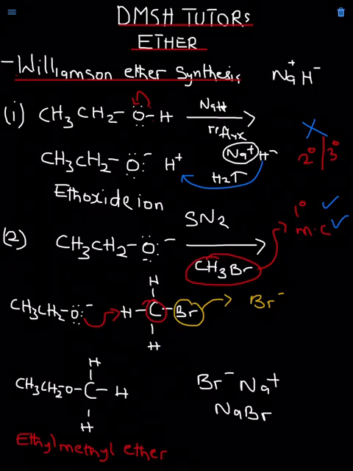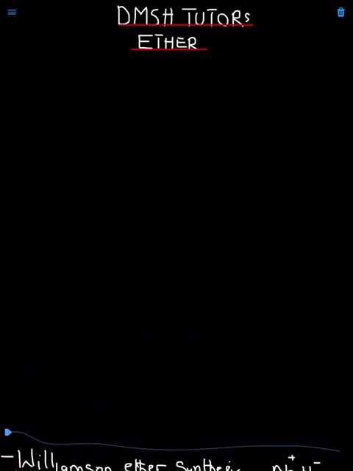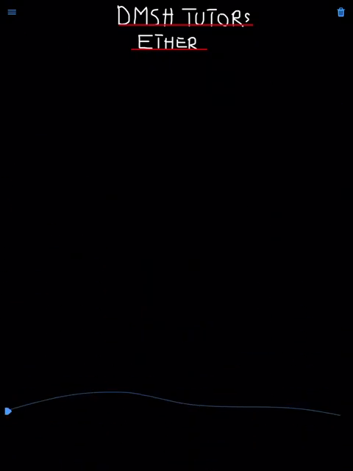The next one we talk about is dehydration of alcohol. This is another way to synthesize ether in the laboratory. Let's go some steps backward.